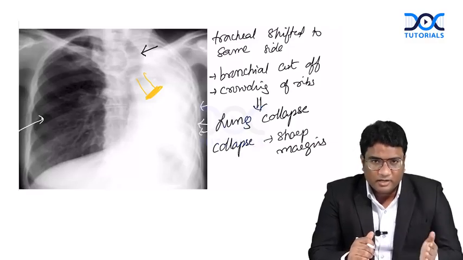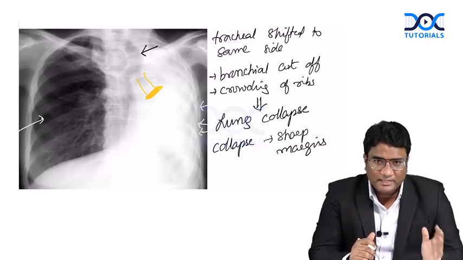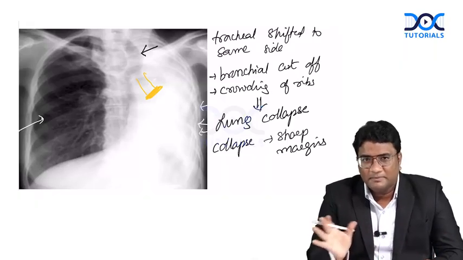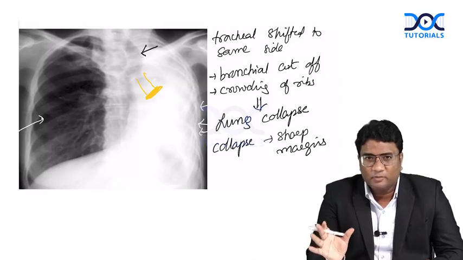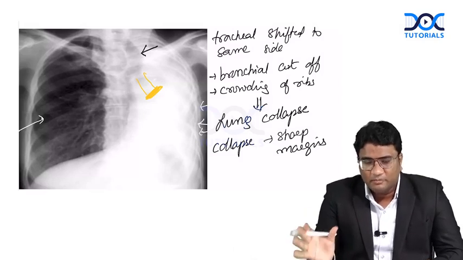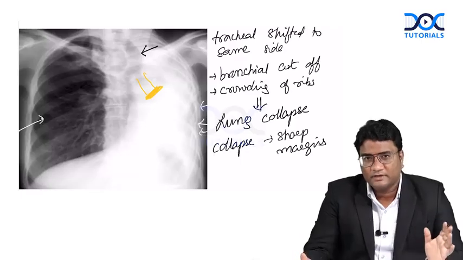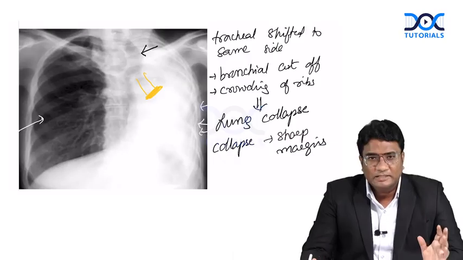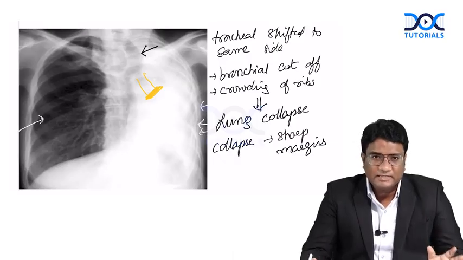You will not see any air bronchograms in collapse. Whereas the air-filled bronchi, the branching bronchi may be seen in the opacity in case of pneumonia or consolidation. Please remember, air bronchogram are seen in pneumonia or consolidation. Bronchial cutoff is seen in collapse. Ill-defined fluffy borders are seen in pneumonia. Sharp borders, sharp margins are seen in collapse.